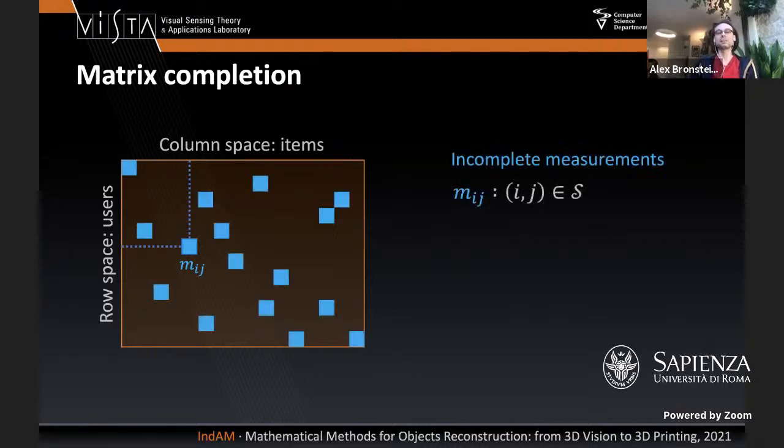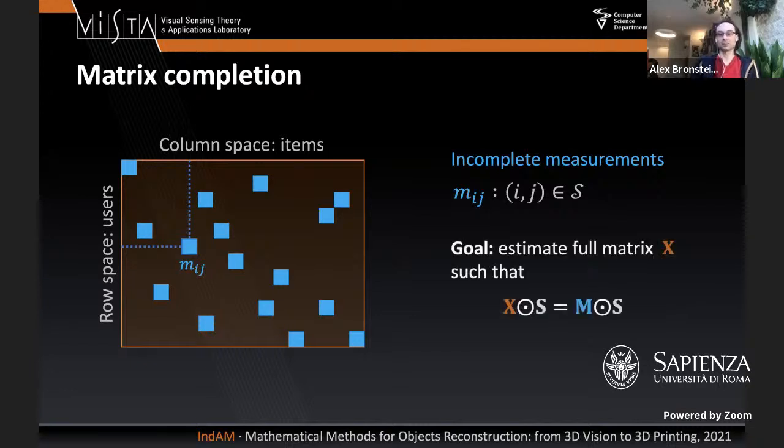What I am given is this incomplete set of measurements that is supported on some set of indices that I'm going to denote by S. The goal is to estimate this entire matrix of scores that I'm going to denote by X, and with some abuse of notation, I will be doing this element-wise product with the mask matrix S. Wherever I have the measurement, I would like the reconstructed matrix to match those measurements, and wherever I don't have measurements, I would like to complete it somehow, right?